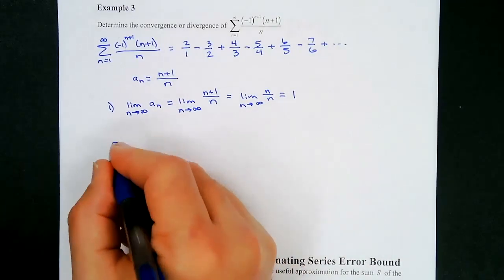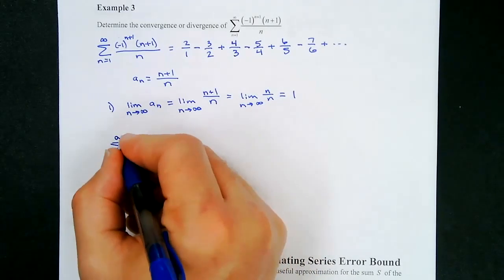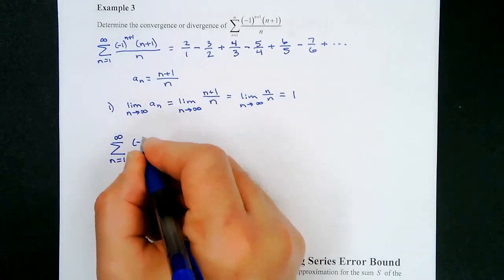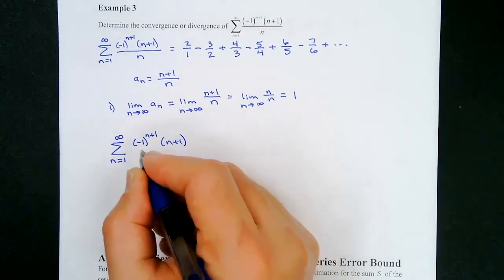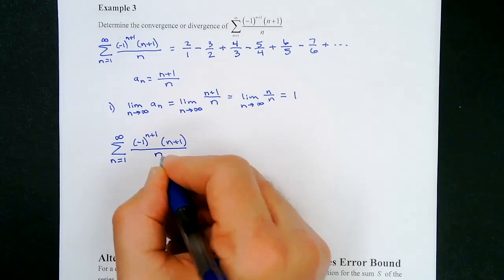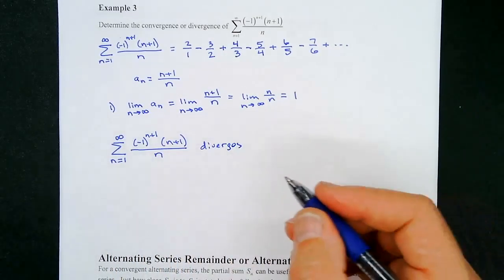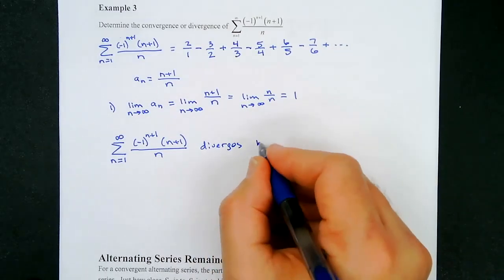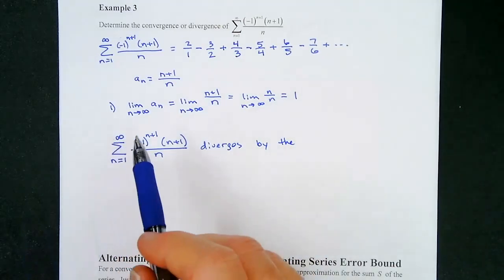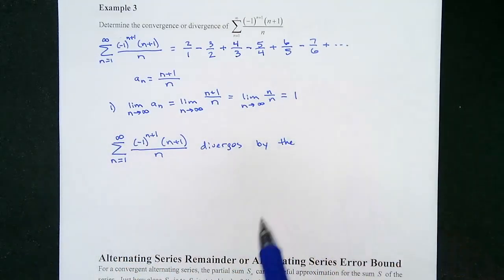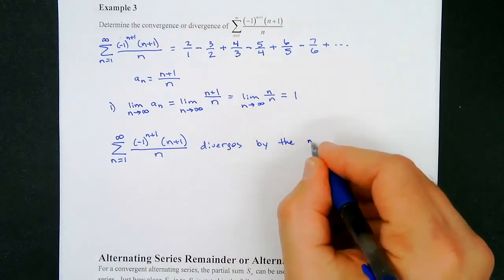So we could say sigma n equals 1 to infinity of -1 to the n+1 times n+1 over n diverges, okay, by the nth term test. So remember, if the limit does not come out to be 0, then the series would have to diverge, okay? So diverges by the nth term test.